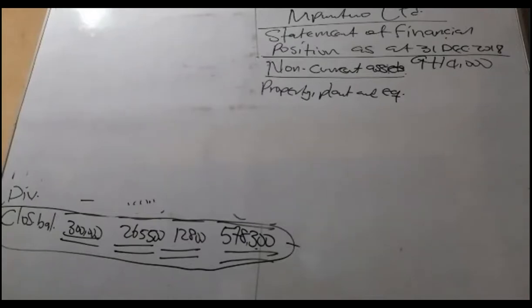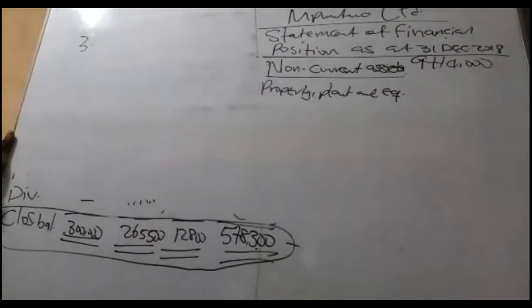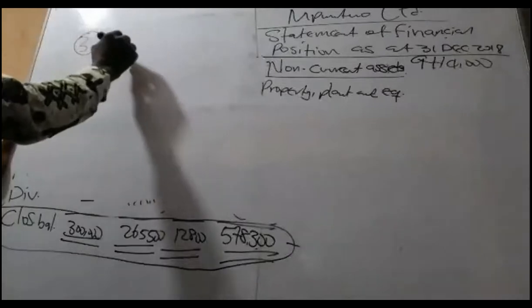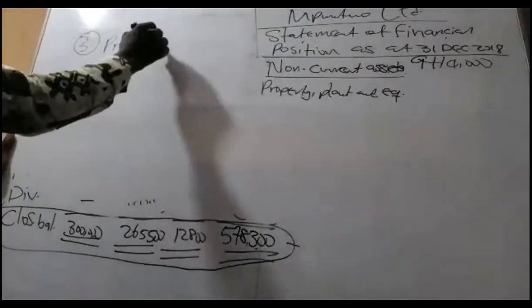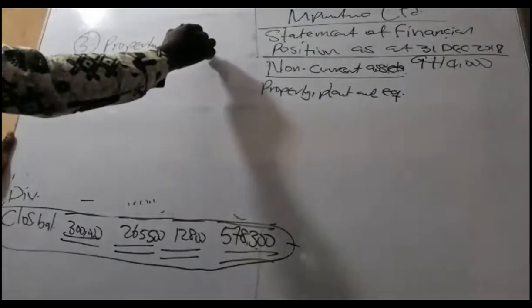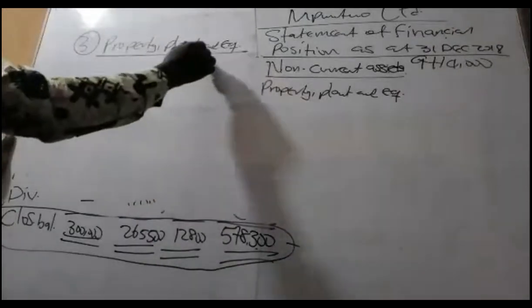So this will be Workings 3. Good. And call it PPE schedule. So property, plant, and what? Equipment. Line it. Don't forget your currency.